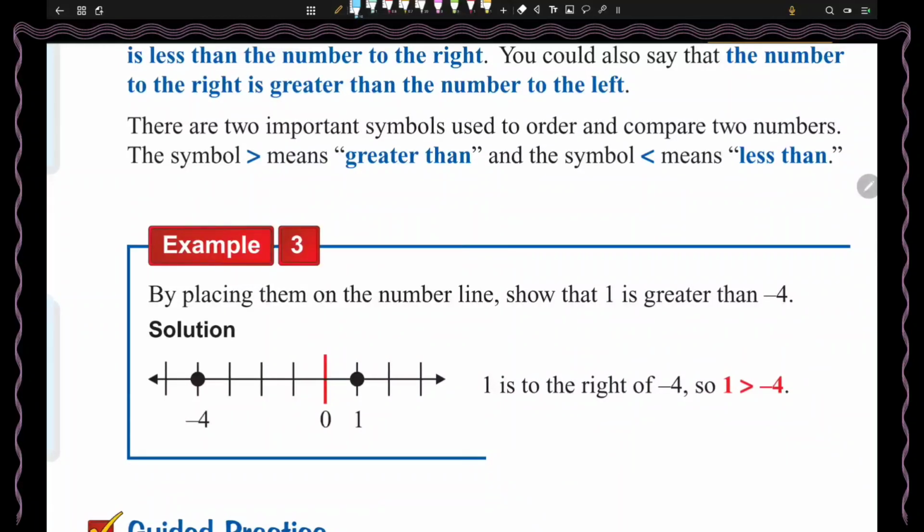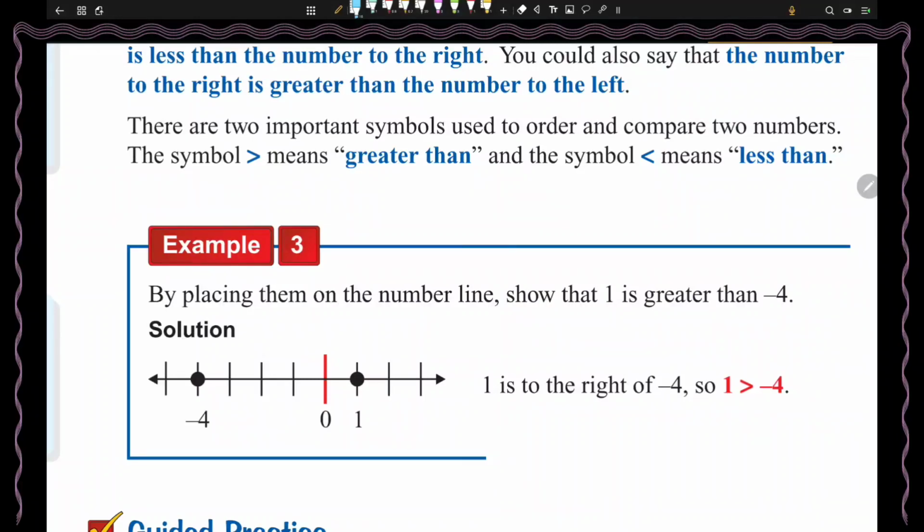So here we have an example. By placing them on the number line, show that 1 is greater than negative 4. Now, on the face of it, it might not be so obvious that 1 is greater than negative 4 if you're new to integers, right? Because 1 looks like it might be smaller than negative 4, because that 4 looks like a big number.